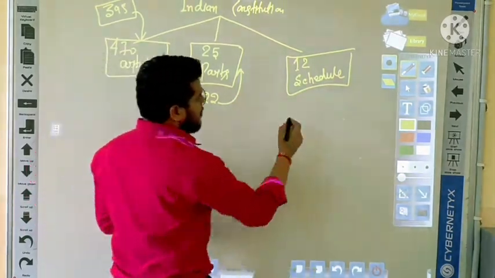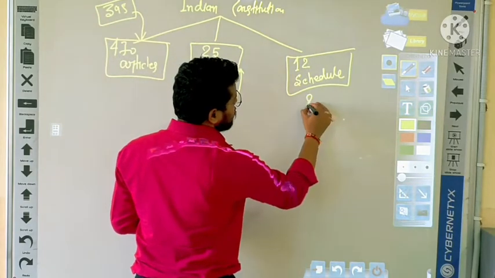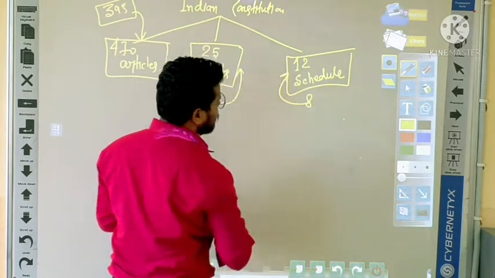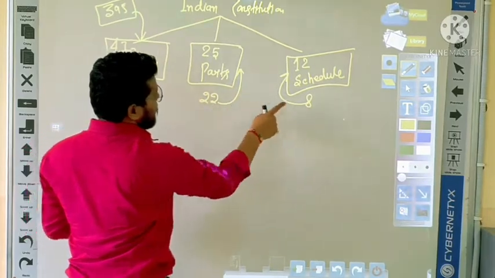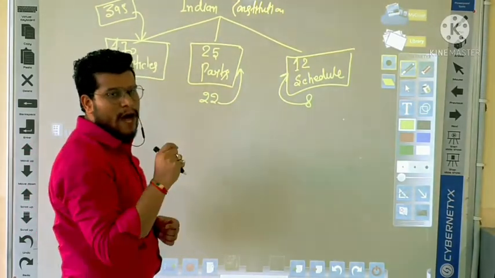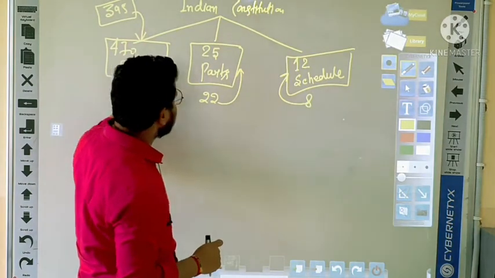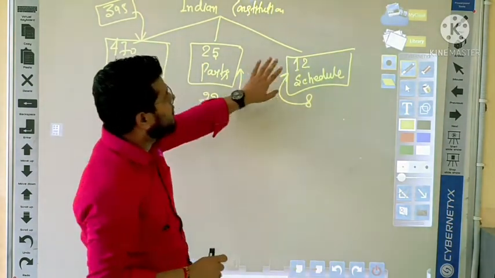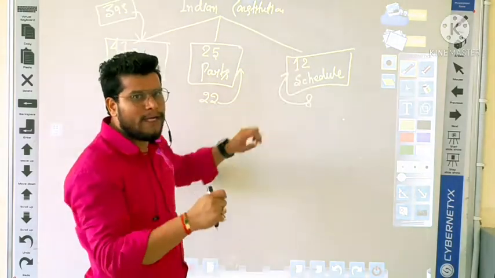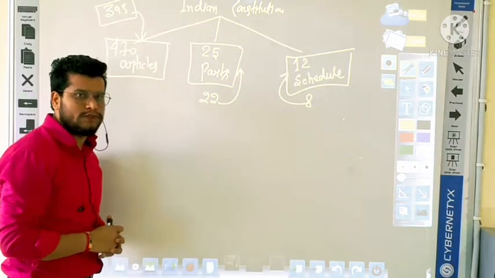And similarly, our schedules also rose from 8 to 12. All those earlier figures were at the time our constitution was drafted, and now 470 articles, 25 parts and 12 schedules are present in our constitution.